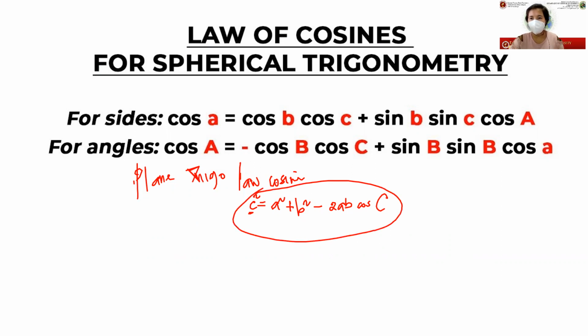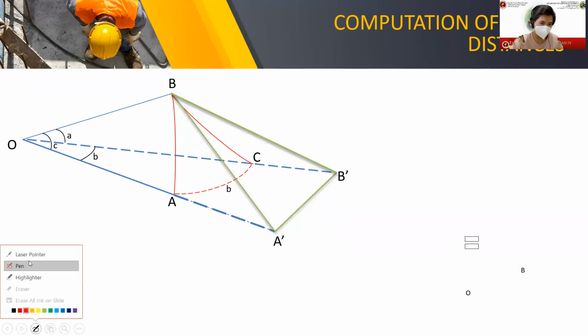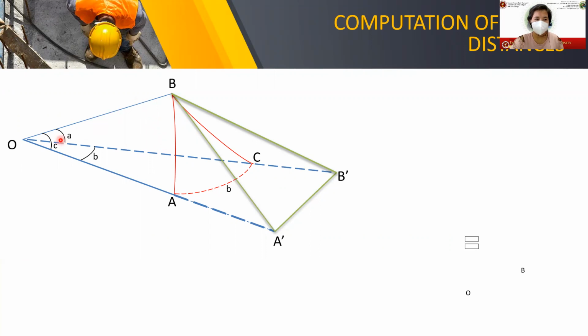So I have here an illustration. Since we solve the formula for spherical trigonometry from a plane illustration, assume that this triangle A, B, C, and back to O is a slice of a sphere.